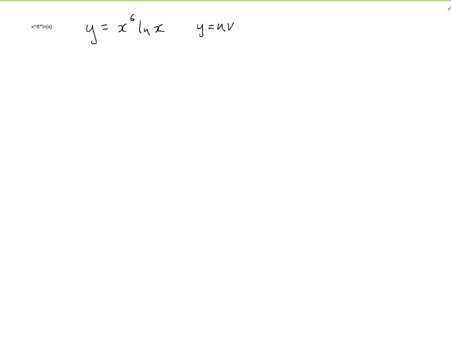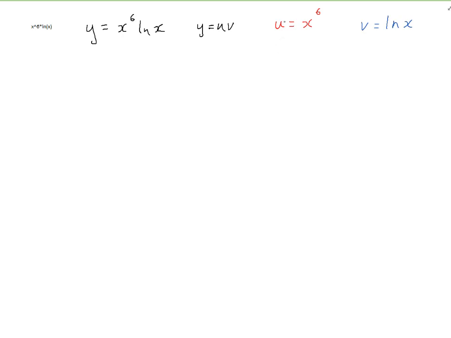So I'd visualize u as being equal to x to the power 6 and v is equal to log x. So these are the two functions. So this times this gives you y.